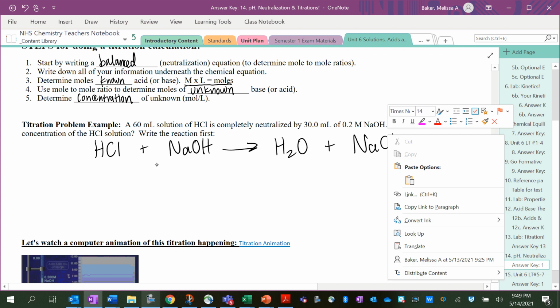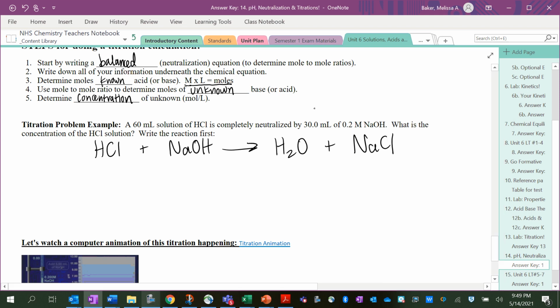All right, let's write our information down below. I'm going to divide the milliliters by 1,000 to get these into liters, just to make it a little bit easier to work with here. So we've got 0.2 molar NaOH, and we needed to add 0.03 liters to neutralize the 60 milliliters of this mystery acid.